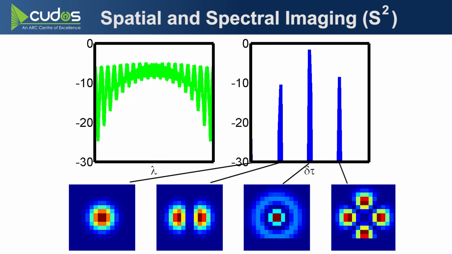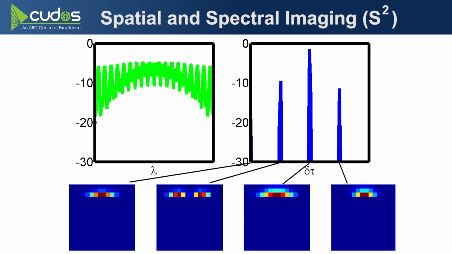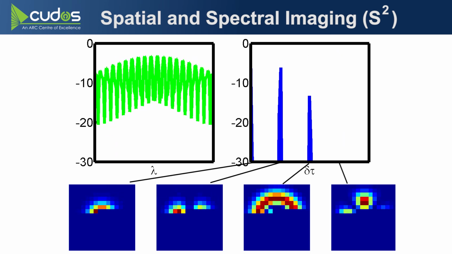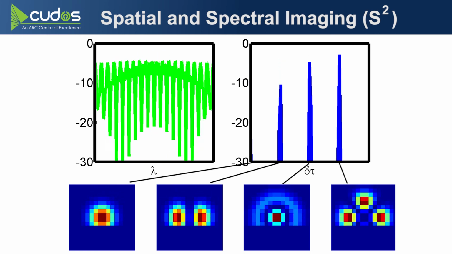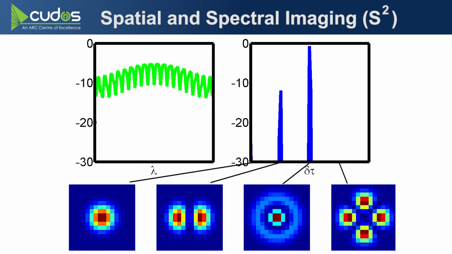But the problem with S-squared imaging is that because we're working with, say, an ASE source and an optical spectrum analyzer, there's no spectral phase information. So when you do that Fourier transform from the wavelength domain into the time domain, it's not completely valid. It only really works when you've got one strong mode, which you can assume to be your reference, and you just assume that all the beating occurs between the reference and the mode of interest. Beating between the smaller modes or the weaker modes can simply be neglected.